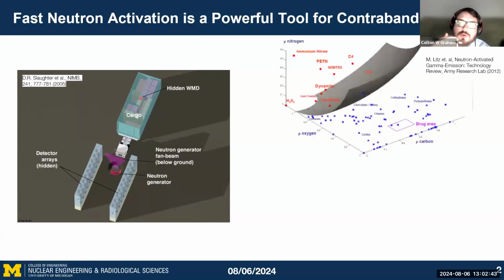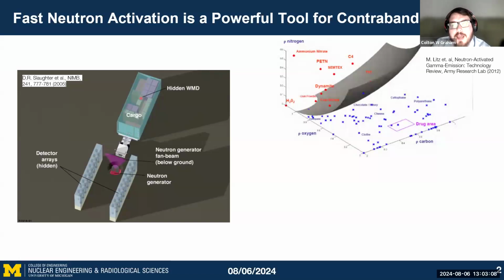So in order to distinguish contraband from this benign cargo, one can use the ratio of the intensity of the signatures associated with each of these elements in order to infer some information about the stoichiometry of that cargo, and then use that to try to discriminate contraband from benign cargo.